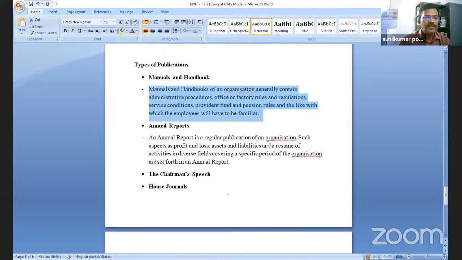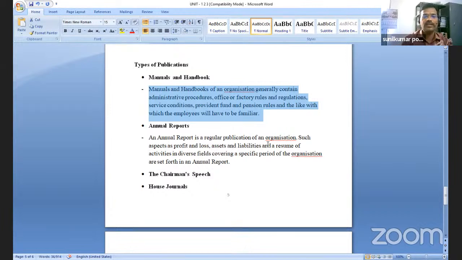Number 1 is manuals and handbooks. Manuals and handbooks of an organization generally contain administrative procedures, office or factory rules and regulations, service conditions, provident fund, pension rules, and the like, with which the employees have to be familiar.